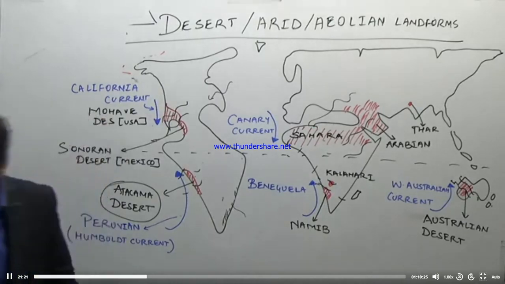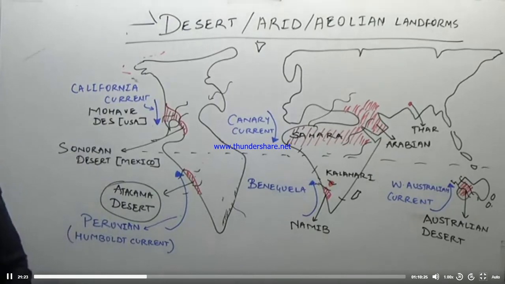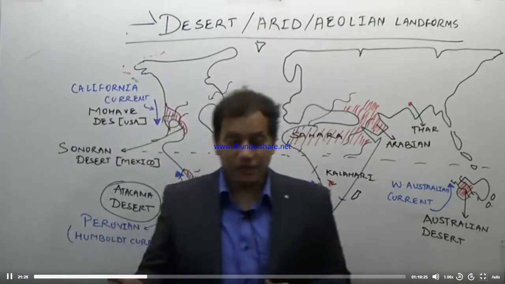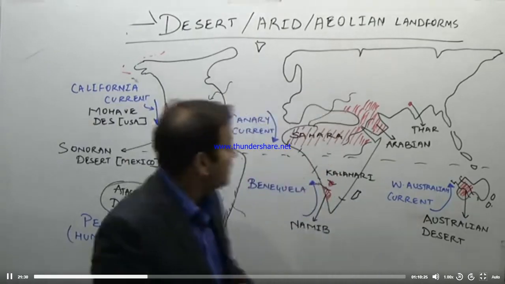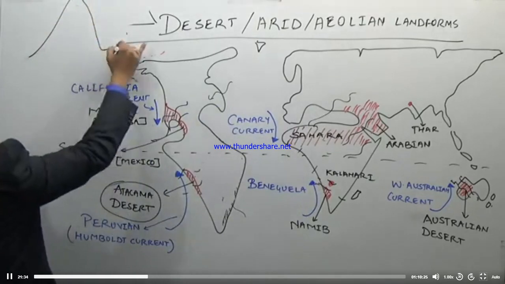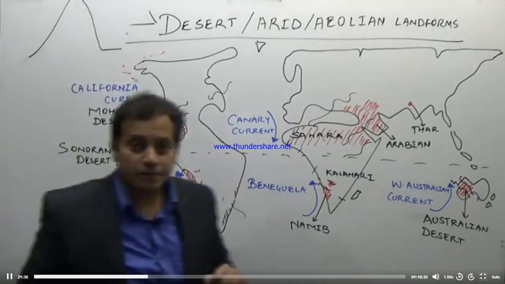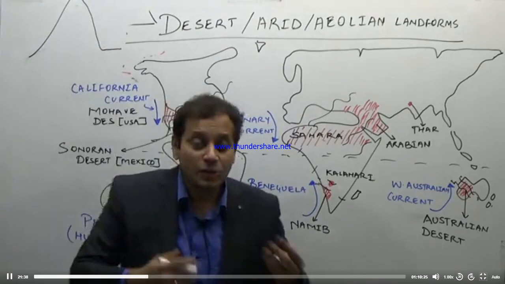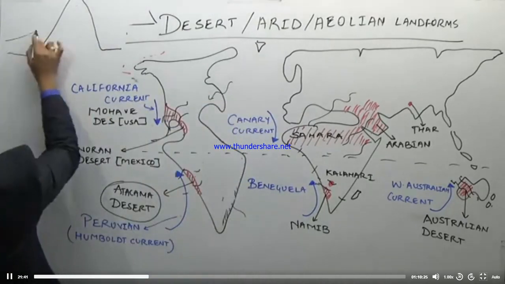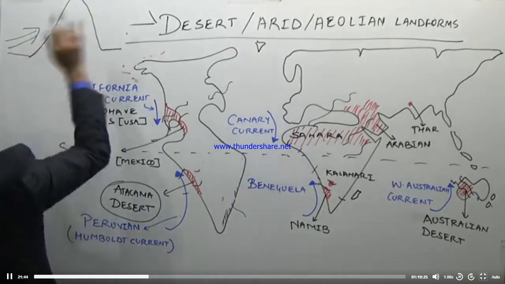Now, on the other hand, there are some of the deserts which are found on the leeward side of a mountain. What do you mean by leeward side of a mountain? That if this is a mountain, the mountain is so high that the winds cannot cross the mountain. Wind which come, they cannot cross the mountain and give rainfall here.